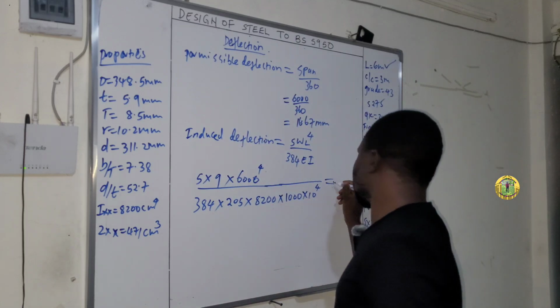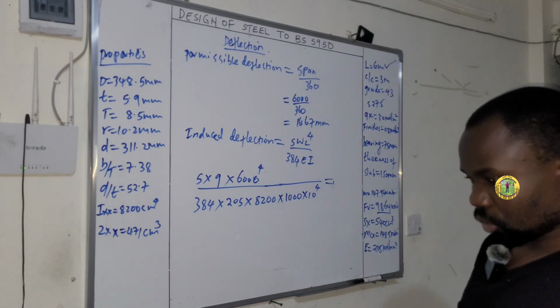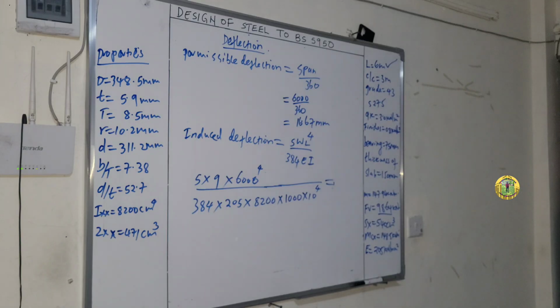So this one is equal to 5 times 9 times 6,000 raised to power of 4, divided by 384 times 205 times 8200 times 1000 times 10 to power of 4.